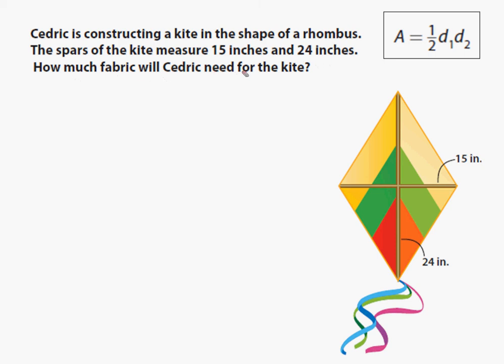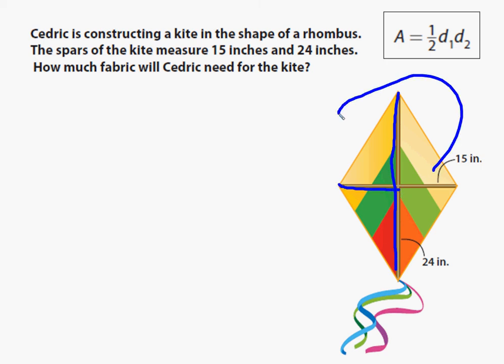Now here's how you find the area of a rhombus. You take the two diagonals, multiply them together, and then divide that in half. The reason for that is if you were going to cut this into 4 pieces, you could reconstruct it into a rectangle, and you'd find that the base of that rectangle is one of these diagonals, and the height is just 1/2 of one of the diagonals.